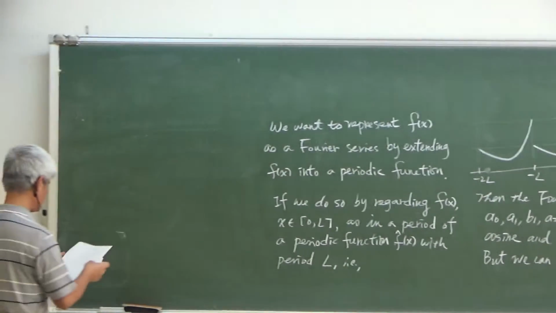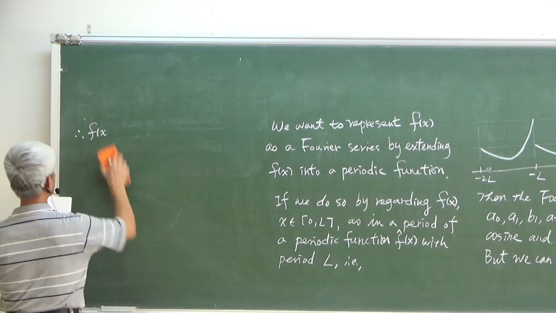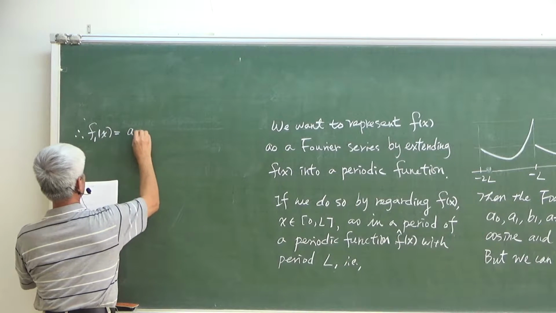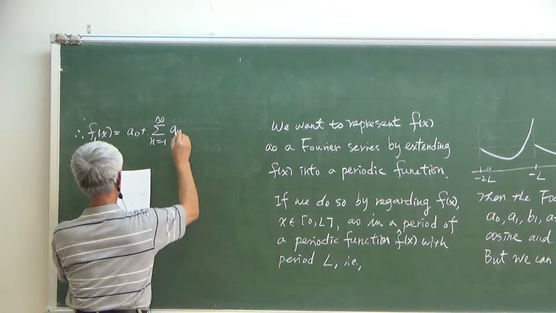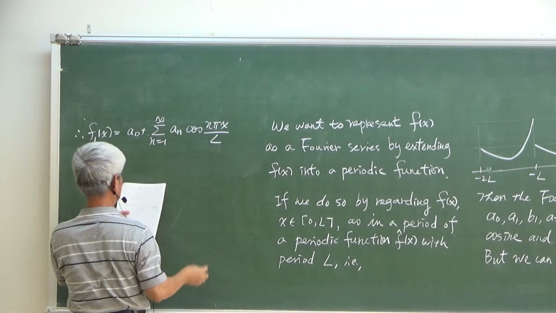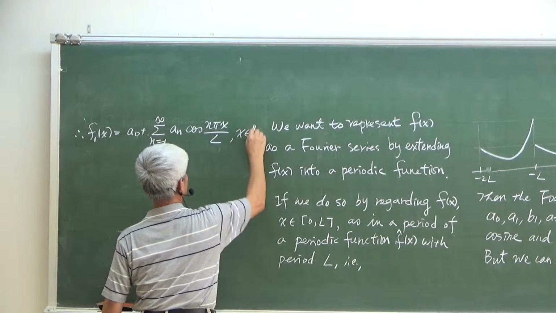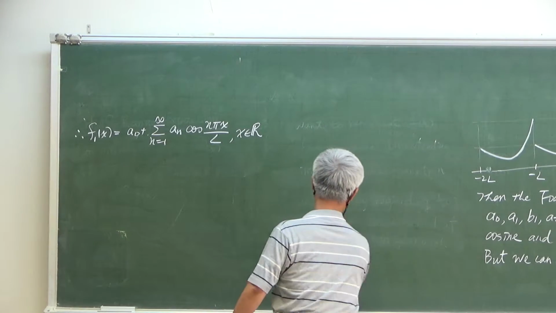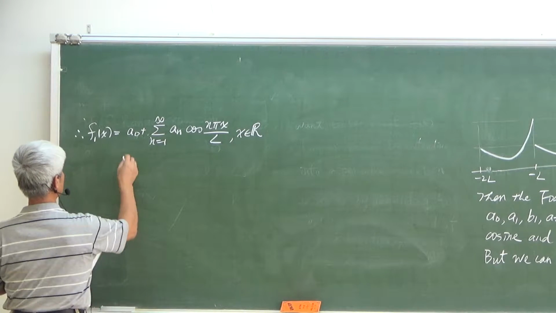So f1(x) is equal to a0 plus summation of an cosine n pi x over L, for all x.